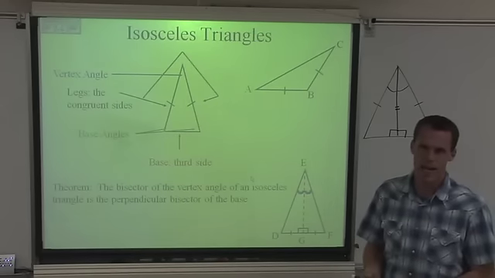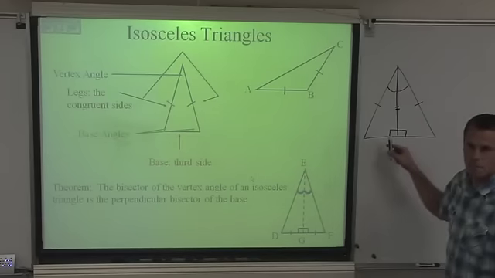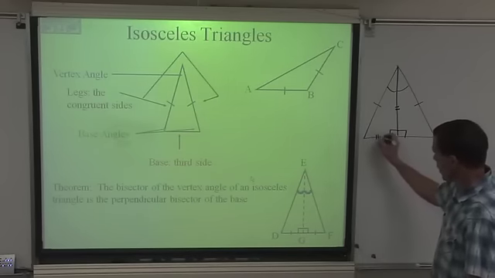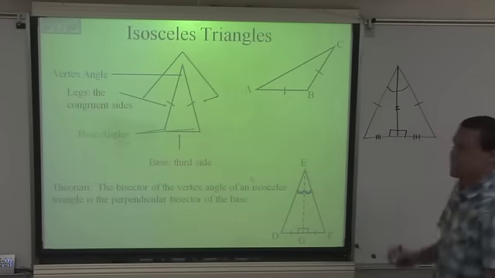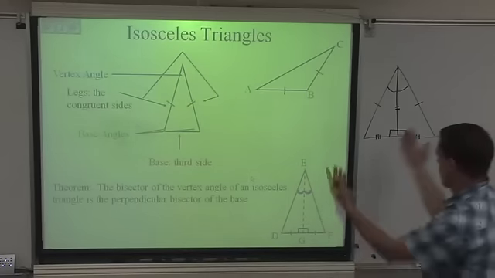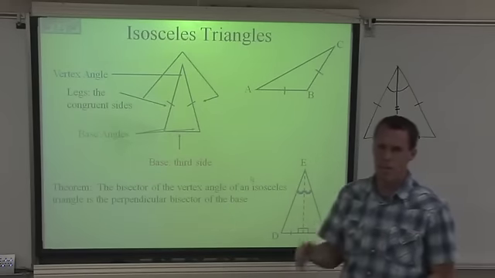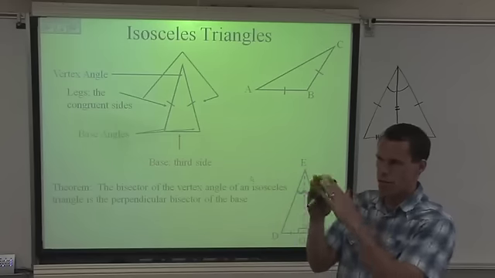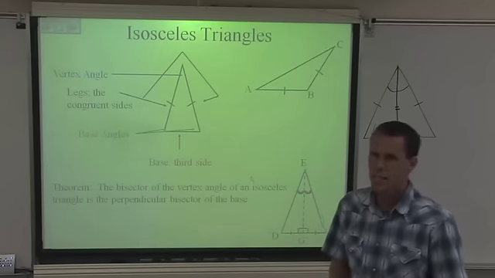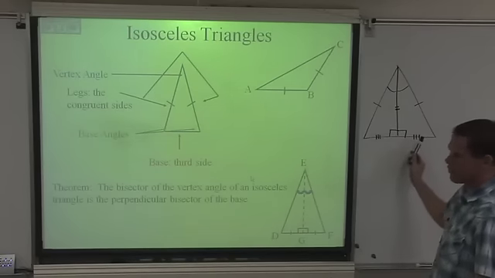They have to be right angles. Therefore, perpendicular. It also has to split that base in half because it folds on itself. I like to call this the paper airplane theorem. We fold that isosceles triangle in half and everything lands perfectly on itself.